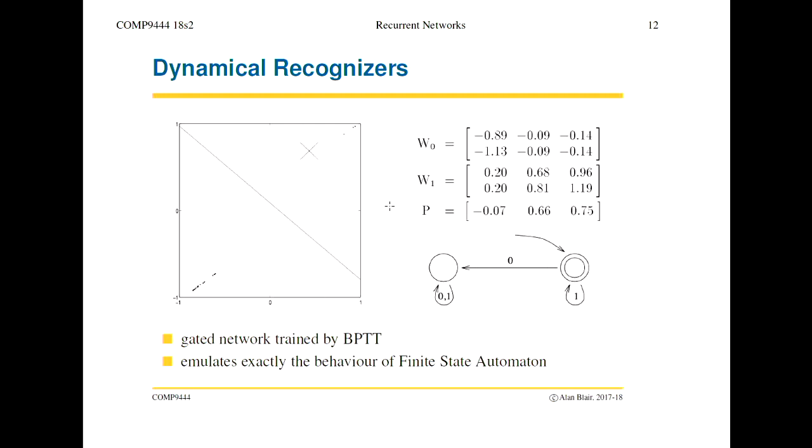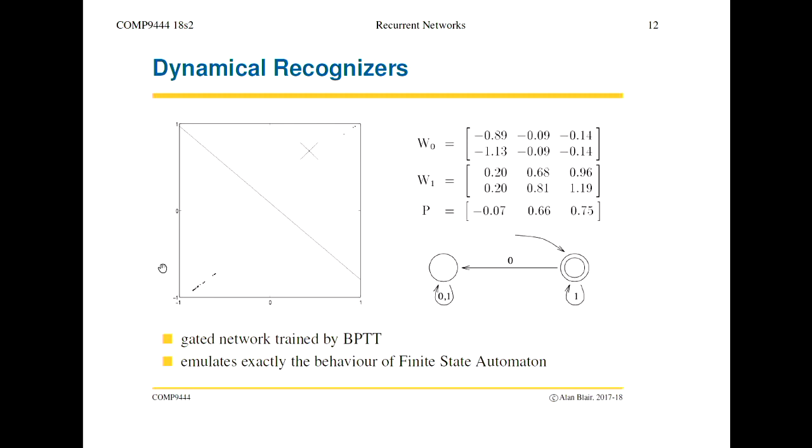Now, interestingly, if we train a neural network, in this case one of these second order networks, though you'd get a very similar result with a simple recurrent network, this is a diagram generated from the network after it's been trained.